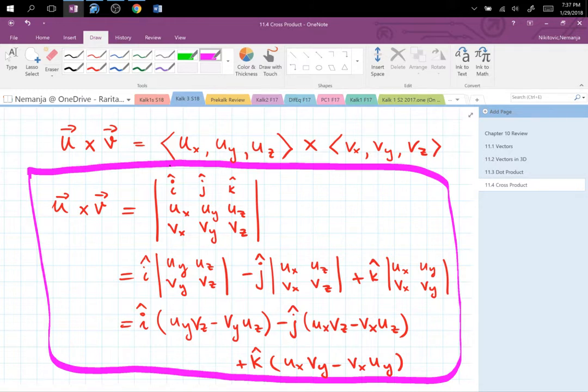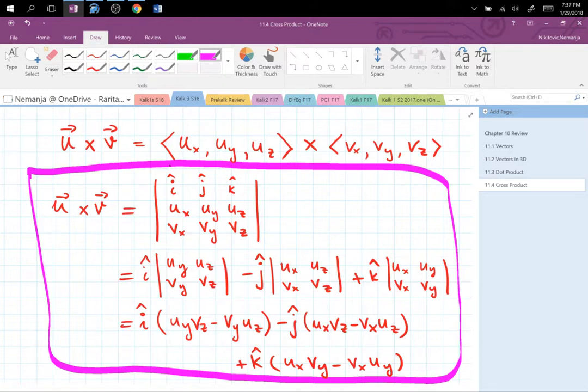By the way, the pattern of plus and minus continues throughout the higher dimensions. If you have a 4x4 determinant, it's i minus j plus k minus l. You can look that up if you're interested. Now, your cross product, as you can see, deals with differences of components that are not the same.